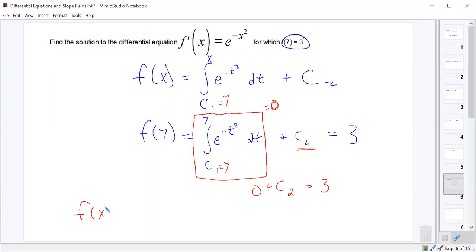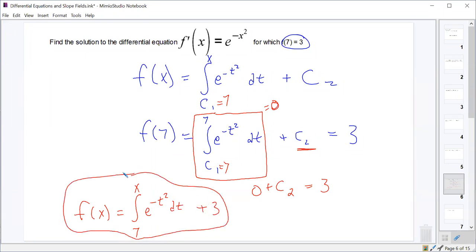And we could then say that f of x should be equal to the integral from 7 to x of e to the negative t squared dt plus 3. And while this is not a great solution to this problem, it is a solution to this problem.